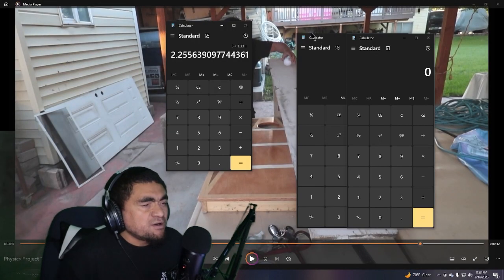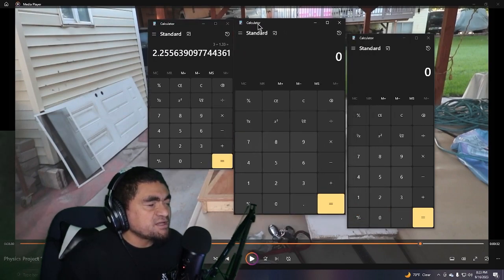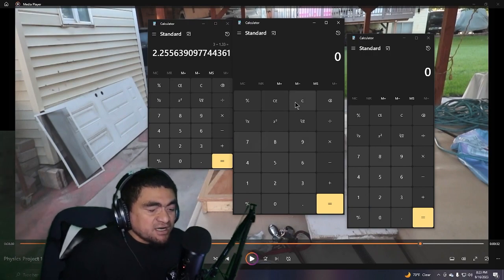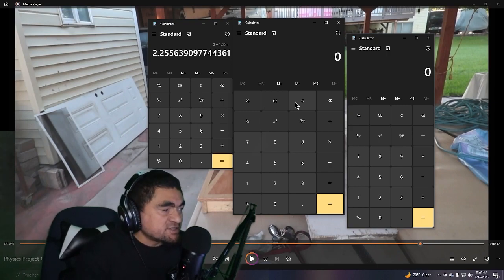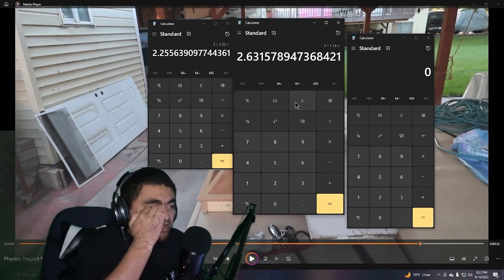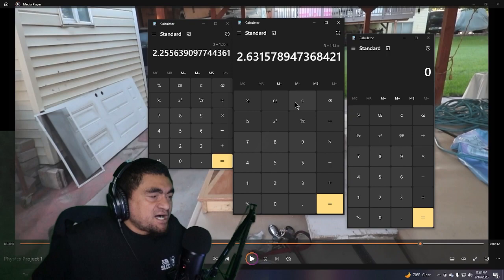The incline ball right here, this ball took from point A to point B 1.14 seconds on an incline. And so I would take the 3 feet, divide that by 1.14, which would get 2.63 feet per second.